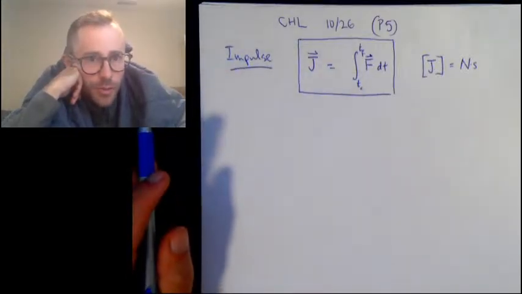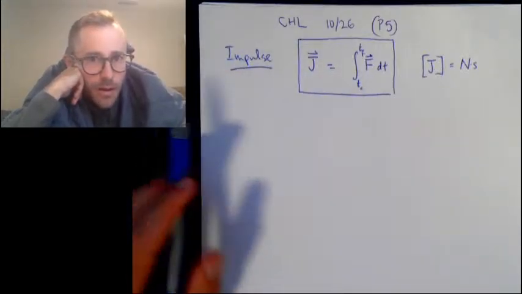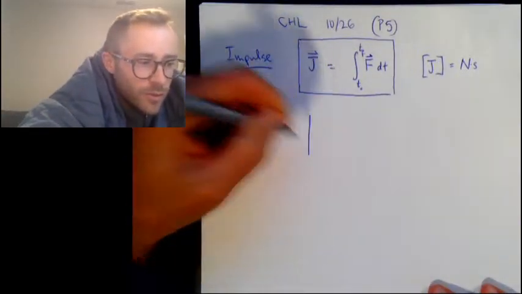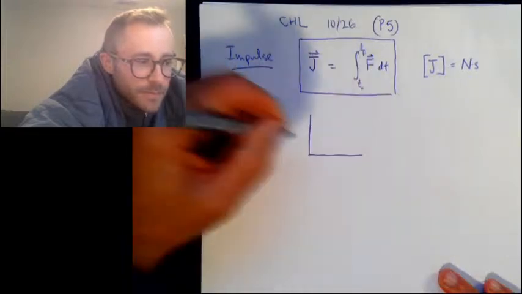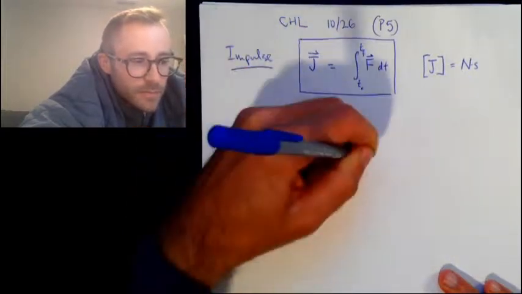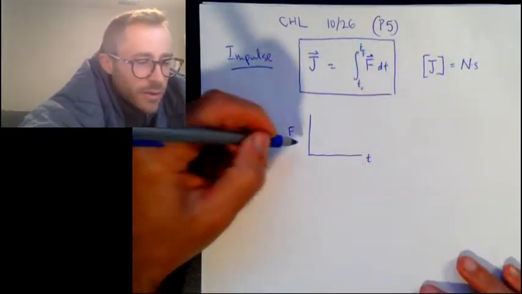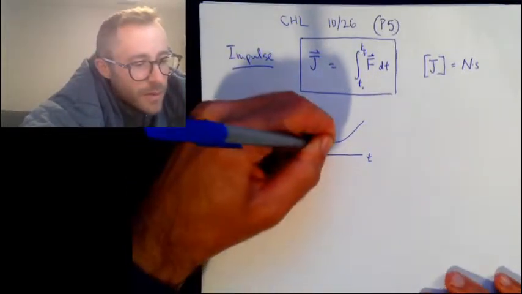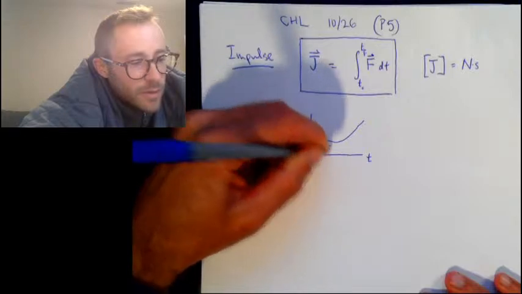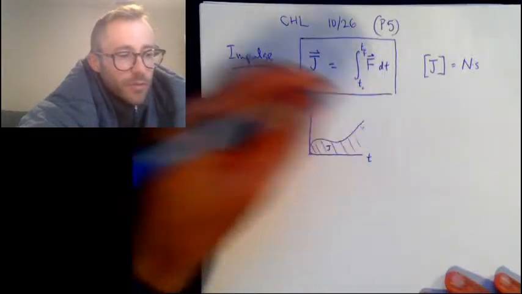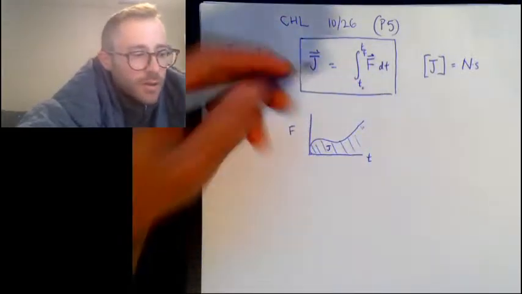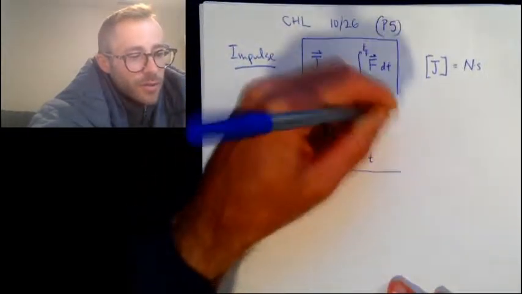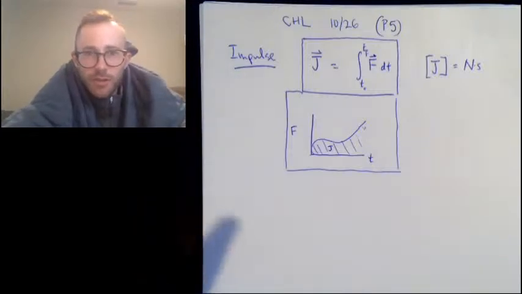Another interpretation of impulse: if you have a force versus time graph, the area under the curve is impulse. These are both different ways you can think about impulse. So that's just a definition.